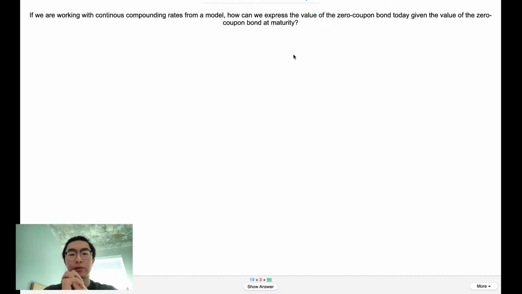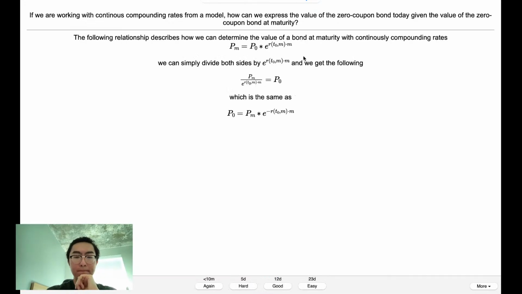If we're given the value of the zero coupon bond at maturity, that should be the principal amount, then we can just divide the principal by e raised to, we'll call our model R, so we input t0 and also the maturity m, it gives us an interest rate, and then we multiply by m. Okay, so this is what I've said.